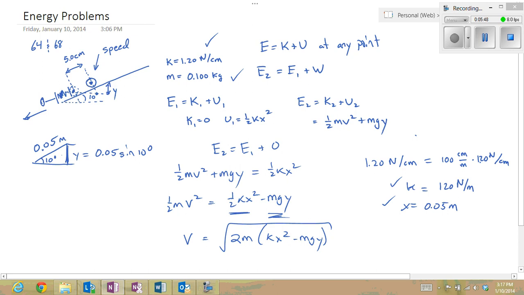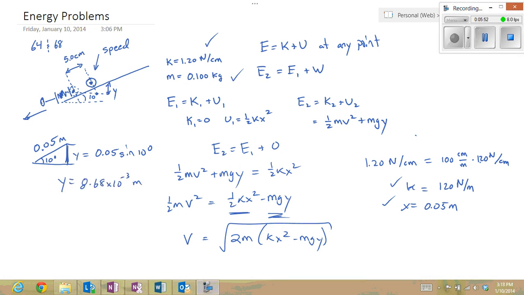So y must equal 8.68 times 10 to the minus 3 meters. So I can substitute in all of those values and get an answer. 0.241 meters per second.